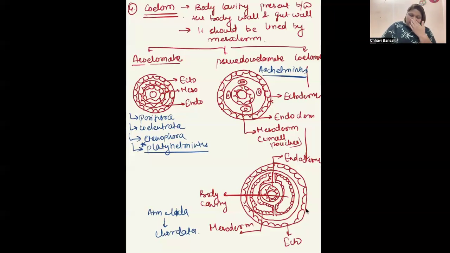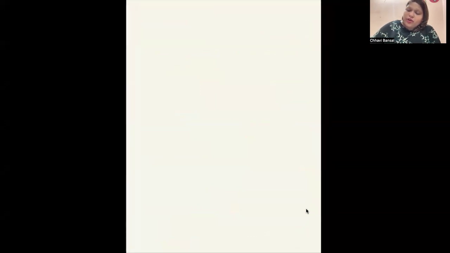The next basis of classification is body plan. The fifth is body plan. Now, what is body plan? We are talking about the gut wall and all, but do we know that different types of body plan are also present?